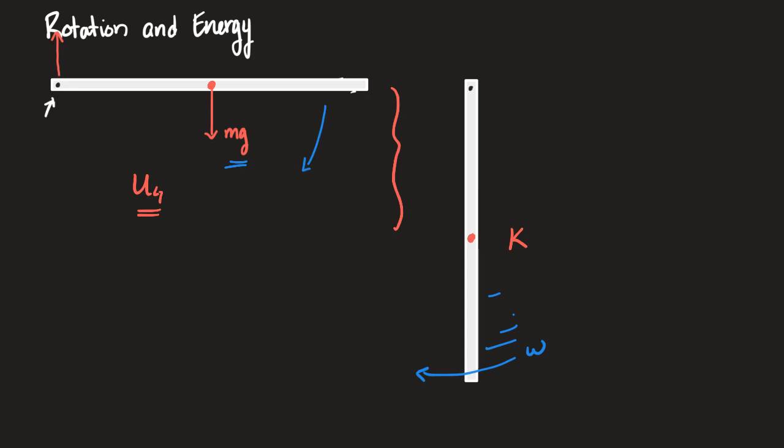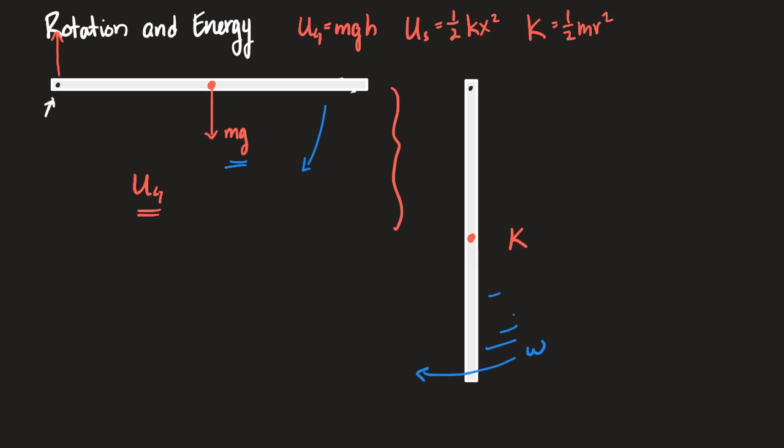And we only have three types of mechanical energy: gravitational potential, mgh, elastic potential, 1/2 kx squared, and kinetic, 1/2 mv squared.